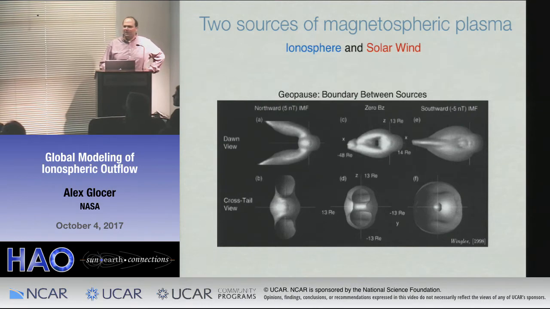A nice way to visualize that, which I borrowed from a paper from Robert Wingley, is to think of the concept of the geopause, which is a boundary inside of which the plasma is largely of ionospheric origin and outside of which it's mostly from the solar wind. These are from some multi-fluid simulations. What you can see is that the region controlled by ionospheric plasma potentially is quite large, and it varies a lot with the solar wind conditions.